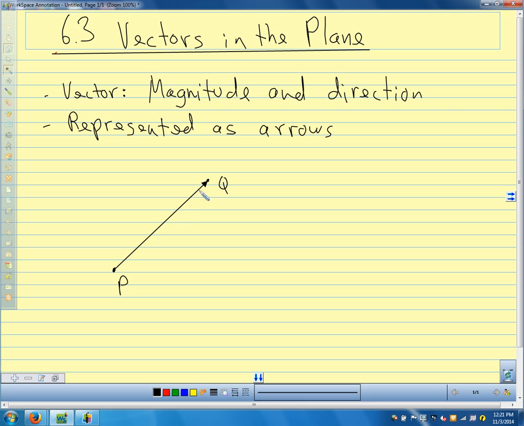It goes from point P to point Q. We call point P the initial point, or the tail. So that's where we start. And we call point Q the terminal point. So we go from the initial point to the terminal point, a lot like we talked about with angles, where we have the initial side and the terminal side. And we would call this vector PQ with kind of a half arrow over the top.